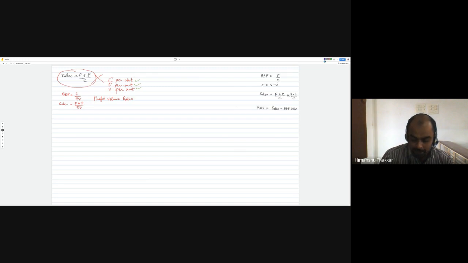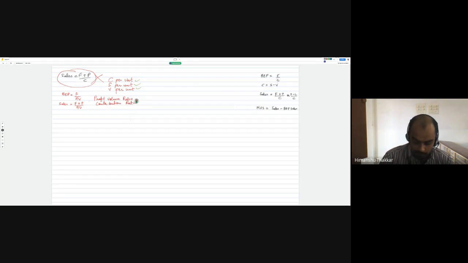So what does profit volume ratio mean? Profit volume ratio is nothing but the proportion of contribution included in sales. Basically it's the contribution ratio. You can also call this contribution ratio. So when you don't have contribution per unit, you can make use of contribution ratio.